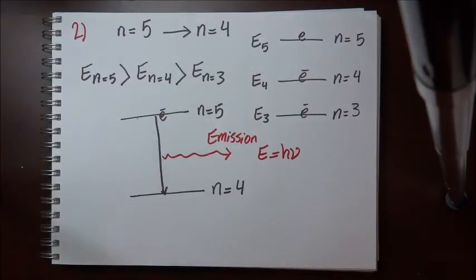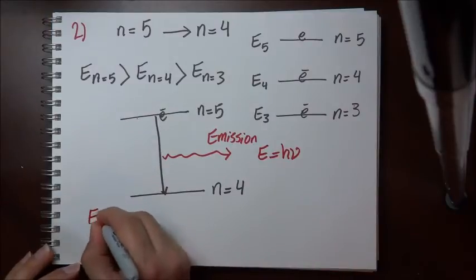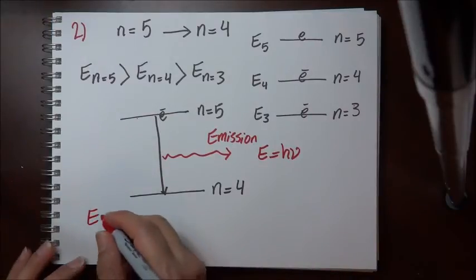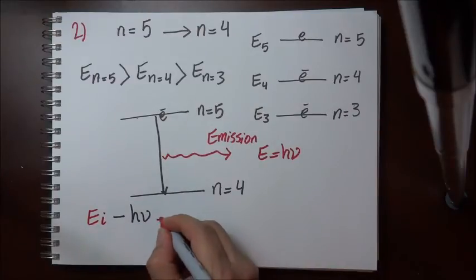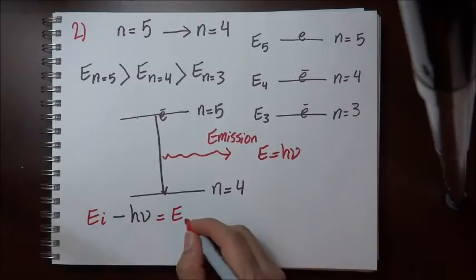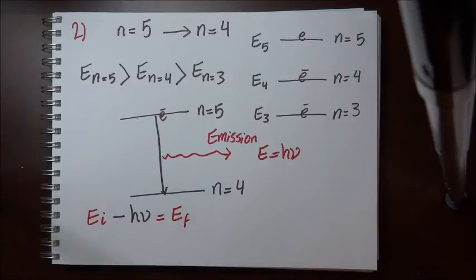So if I want to write a formula for the energy of this electron when it's sitting inside n equal 5, I can say the energy of that electron at the beginning was equal to EI. During electron transfer, it lost energy equal to h nu, and its final energy now is equal to EF.